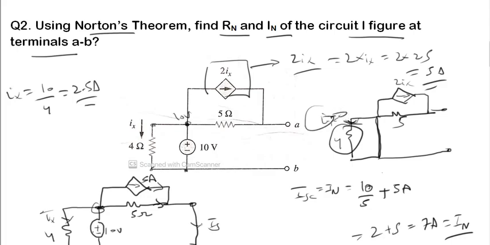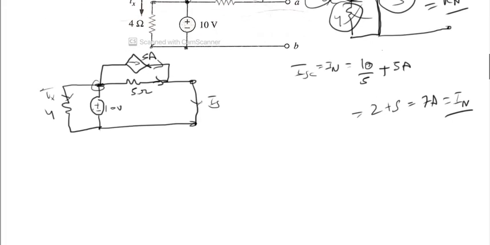Ix is equal to 0. If Ix is 0, then this is also 0. This is also 0. Okay, then only the 5 ohm resistance is equal to Rn, that is Norton resistance. Norton resistance will equal 5 ohm.